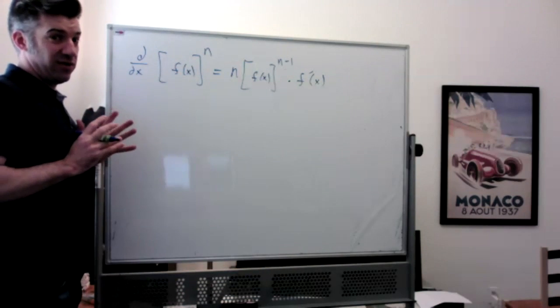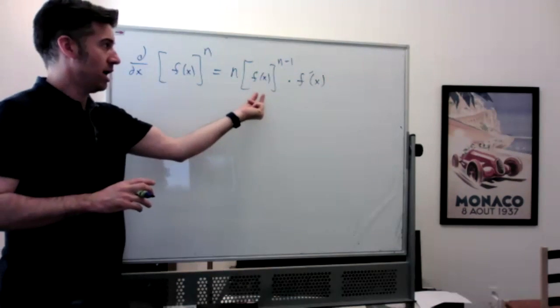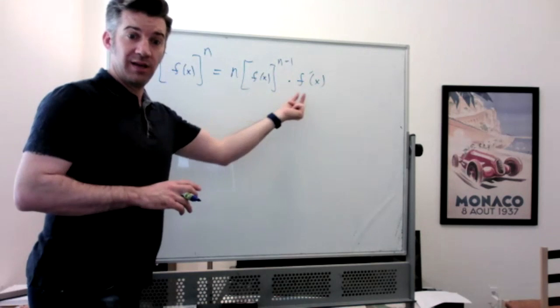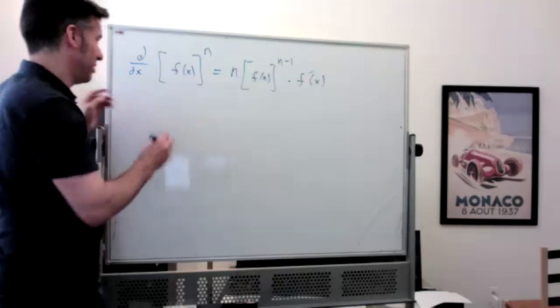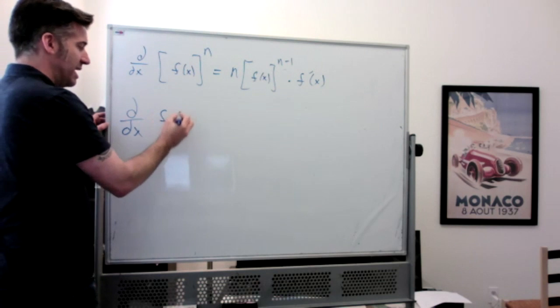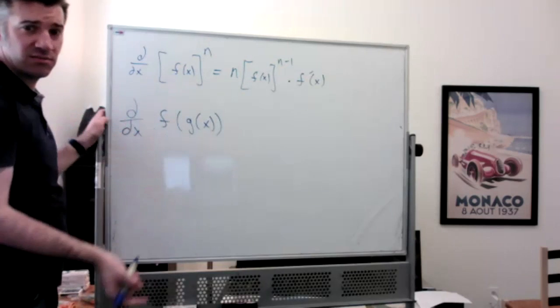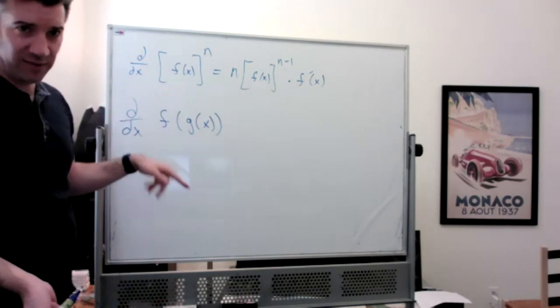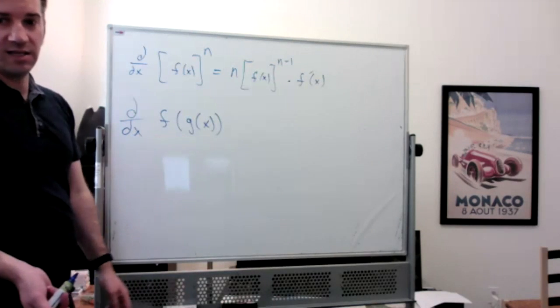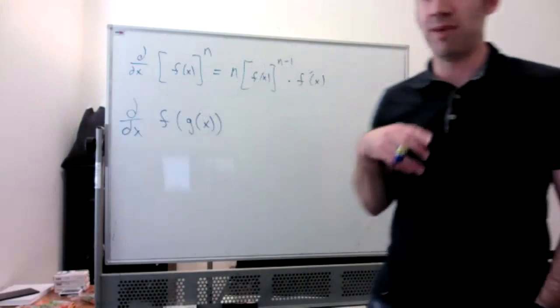And the way I take the derivative is I differentiate the outer function, I leave the inside alone, and I multiply by the derivative of the inside. I'm going to do the same thing, but with a different function. Instead, let's take the derivative of a composition of functions, which this also is. It's just a very specific type of composition. This is more general.